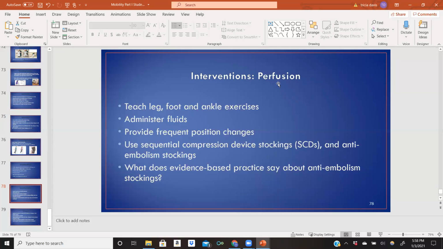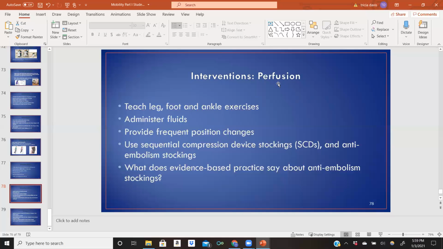So sequential compression device stockings, you never call them that in the hospital. You're going to call them SCDs. Those SCDs, they put them on before you have surgery, when you're going into the OR. Sometimes they're on when you wake up in the OR, and then on our med surg floors, we give them to prevent blood clots.